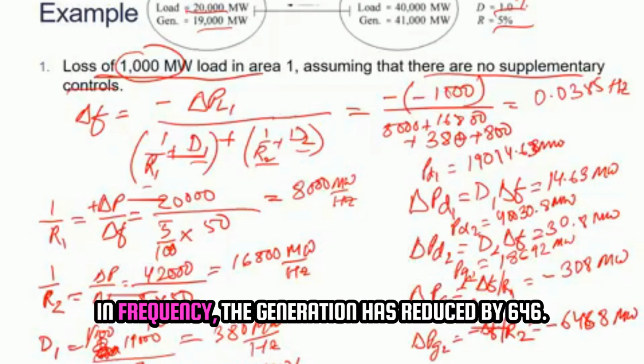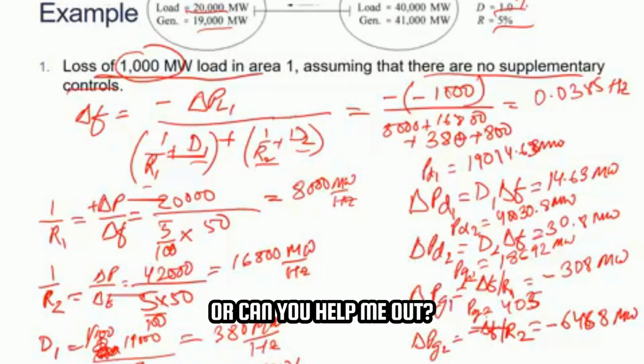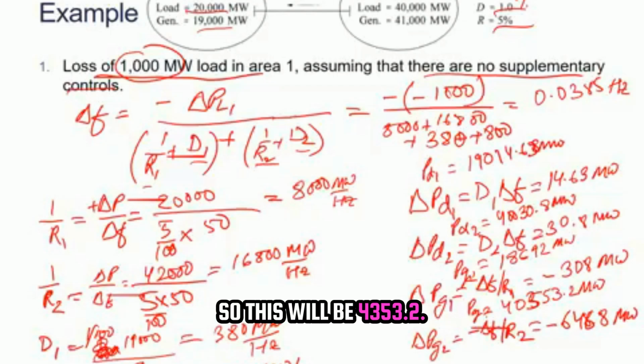Because of the increase in frequency, the generation has reduced by 646, so it will be 40,353.2. Yes, good, perfect. So this will be 40,353.2.